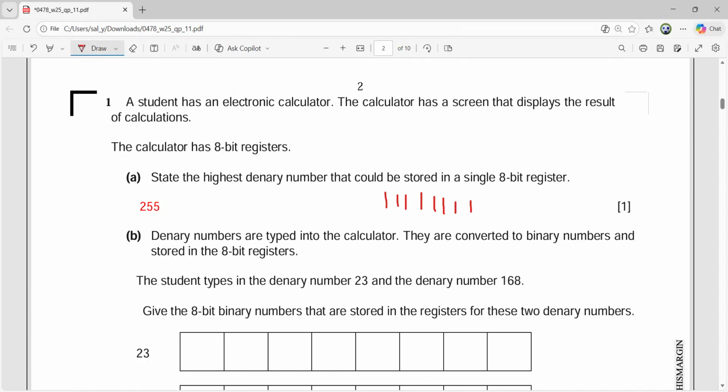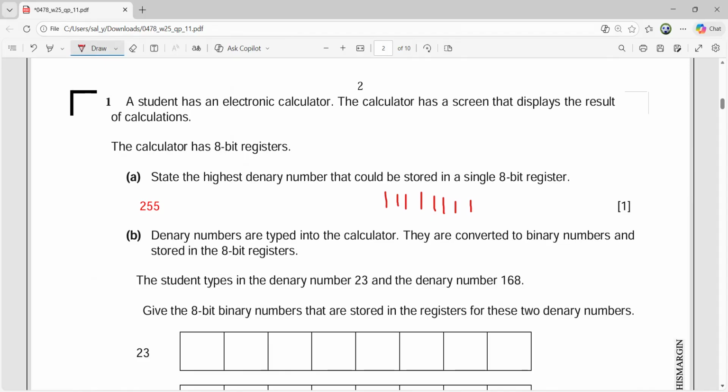Part B. Denary numbers are typed into the calculator. They are converted to binary numbers and stored in the 8-bit registers. The student types in the denary number 23 and the denary number 168. Give the 8-bit binary numbers that are stored in the registers for these two denary numbers.